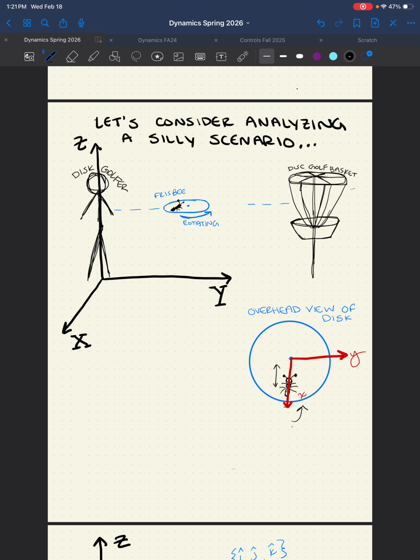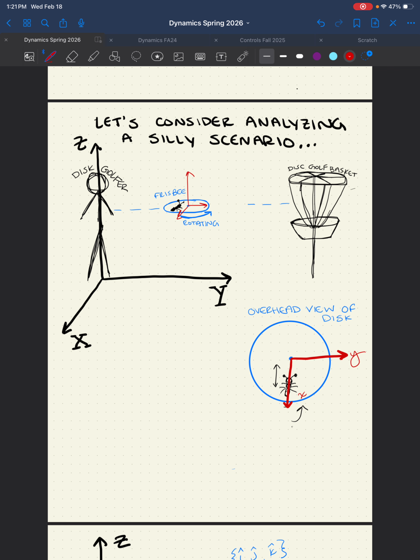The next thing we're going to worry about is the frisbee. Now this frisbee is both spinning and translating through space, right? It's rotating and it's moving through space. And we're going to put a reference frame fixed to the Frisbee. We're going to put another frame that goes like this.